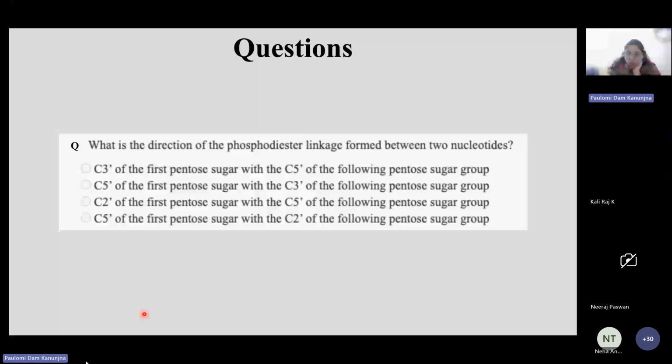Yes, two. See, one and two both. So anyone, I will take more consensus on this.